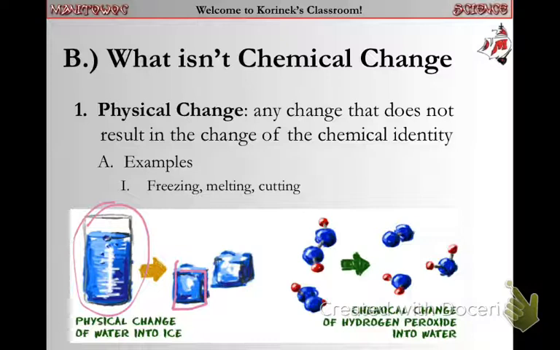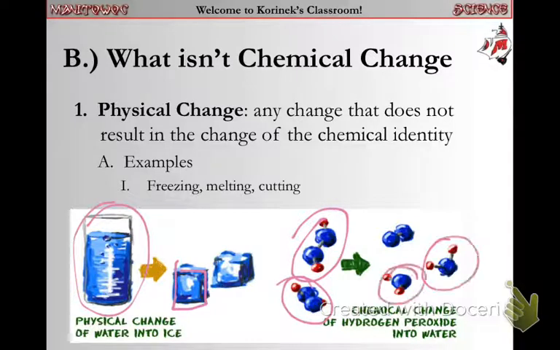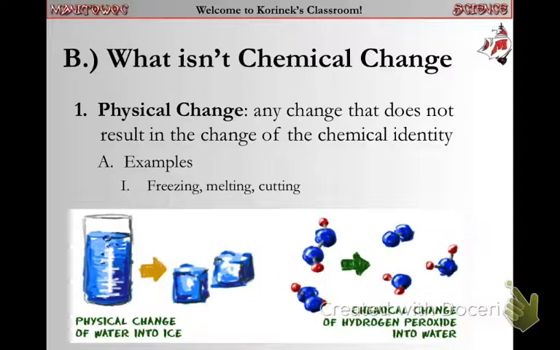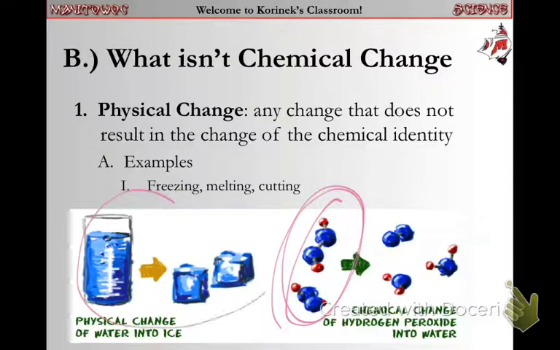This would be like taking hydrogen peroxide and altering that molecule to make water and oxygen. Okay, that's the two blue spheres put together are oxygen. So that would be an example of a chemical change because the chemical identity of the original substances is changing. Physical changes, that doesn't happen. We got H2O on both the left side and the right side.